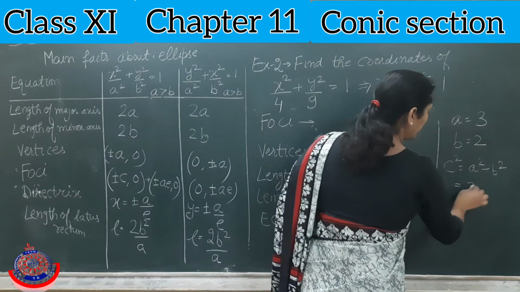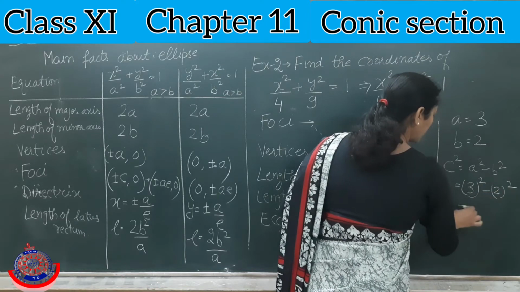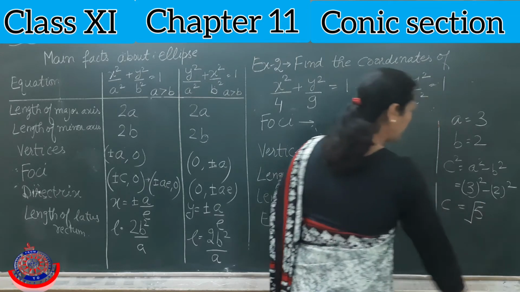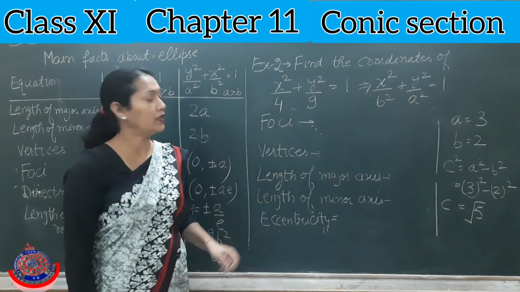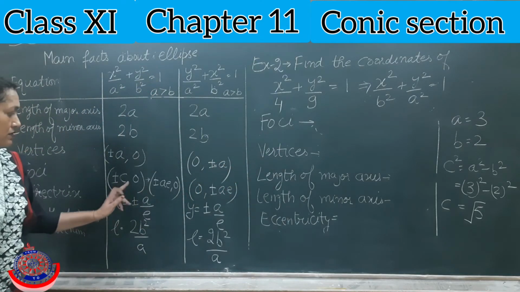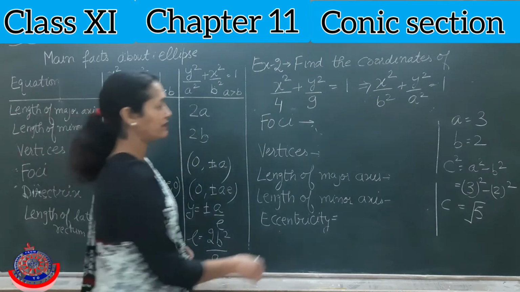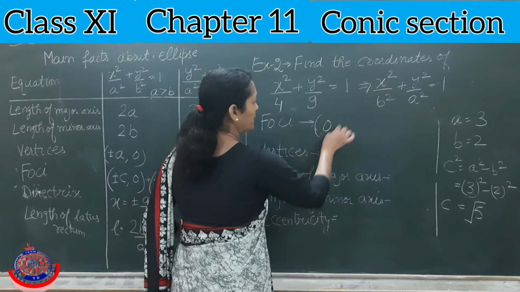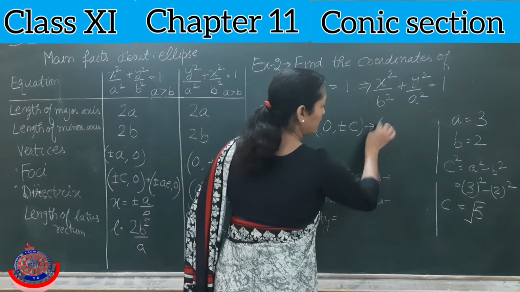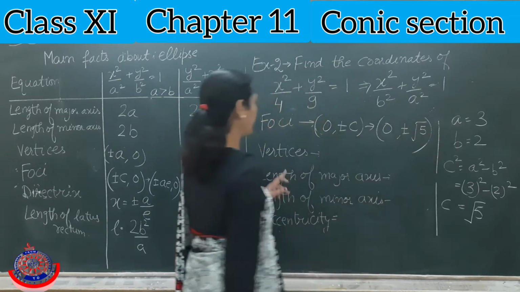C will come out to be 3 square minus 2 square. 9 minus 4, 5. And c will come out to be under root 5. Focus. In this case, focus will be, here it is plus minus c, 0, here it will be 0 and plus minus c. So it will be 0 plus minus under root 5.